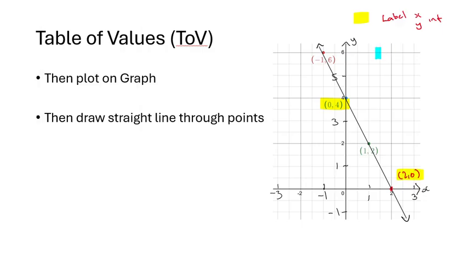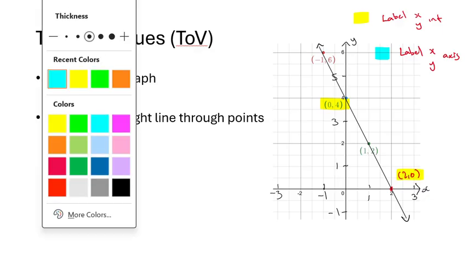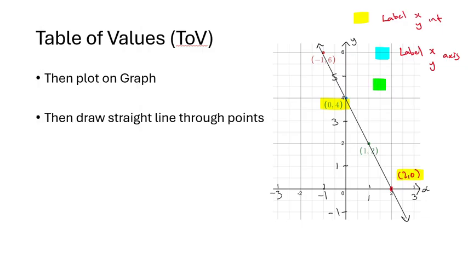Now, in blue, you are going to label x, y axis. And then in green, you are going to write the equation of the line. So the equation of the line is y equals negative 2x plus 4. And that's what green is. So once you have that, your graph is perfect.